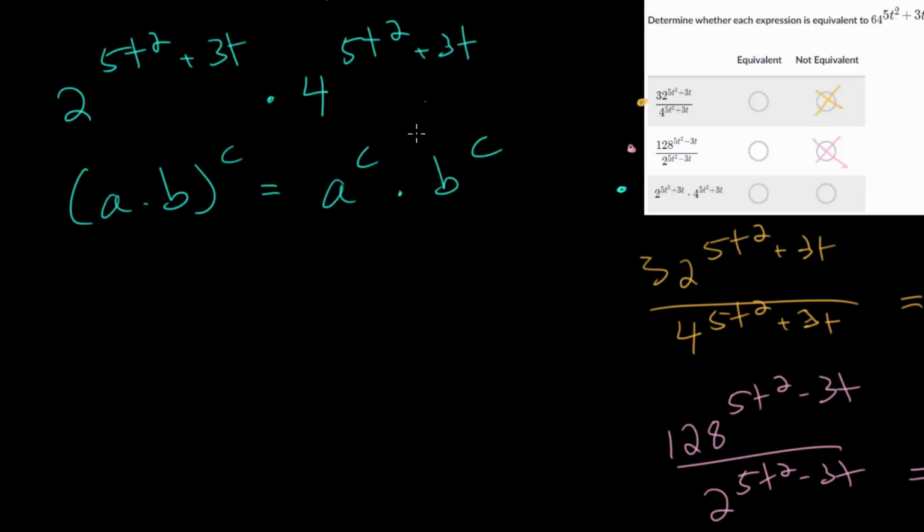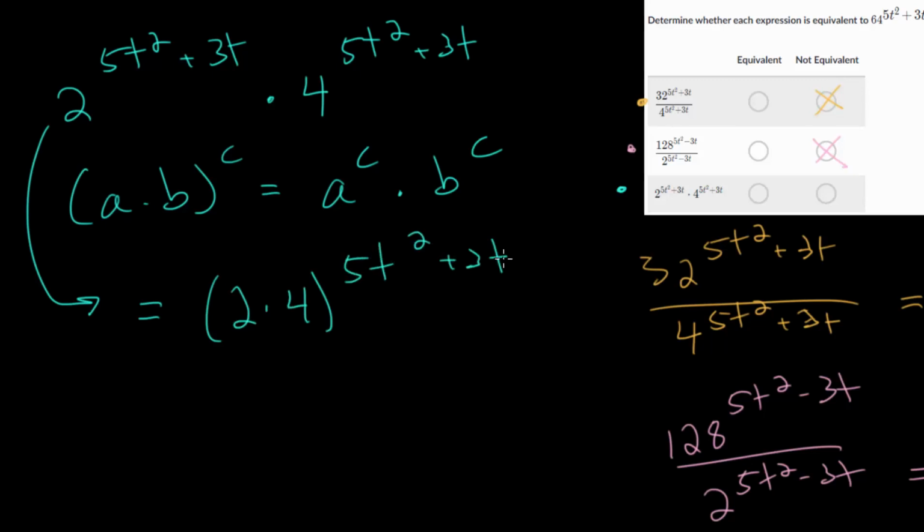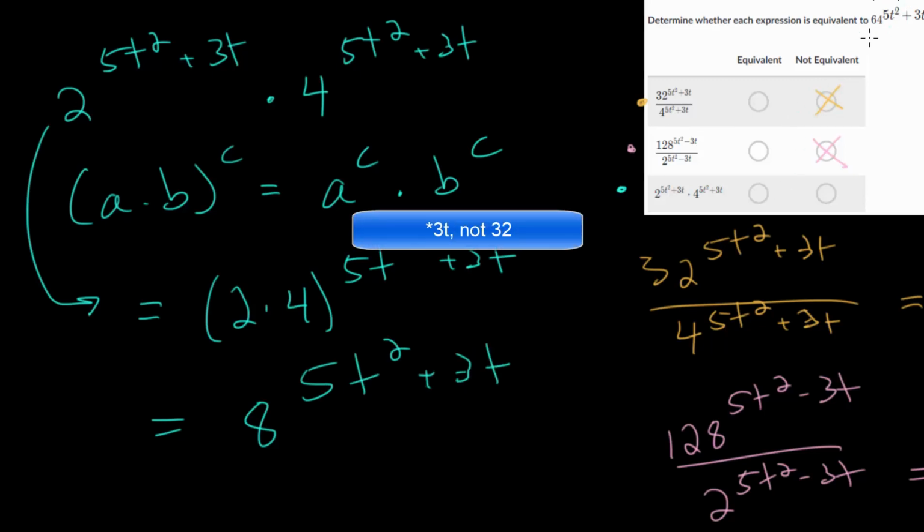So that's what we have here. They have different bases, but they're raised to the same exponent. So we can combine it as a product of the bases. So 2 times 4 raised to the 5t squared plus 3t. And 2 times 4 is 8. So this is 8 to the 5t squared plus 3t, which is not what we have since our base should be 64. So that one's not equivalent either.